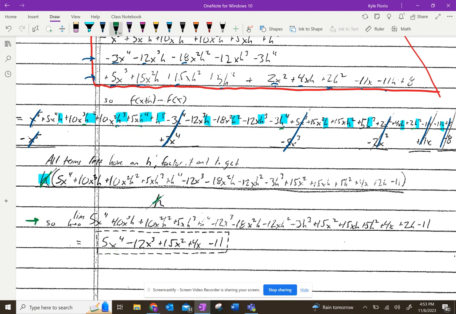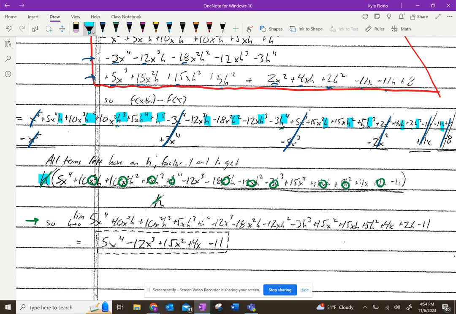this expression right here. Now, all of these terms have an h in them except for the first one. All these terms that have an h, as h goes to 0, become 0. So if h is 0, 10x cubed times 0 becomes 0. This h term is going to become 0. And everywhere we see an h, that term is going to become 0.